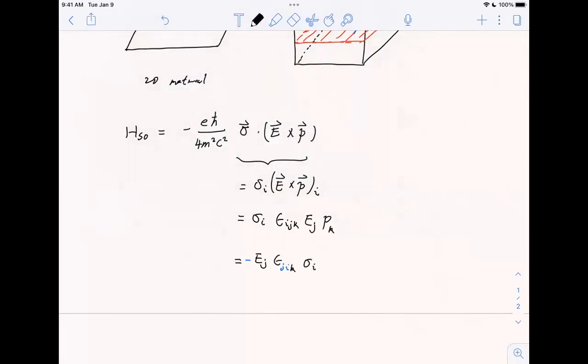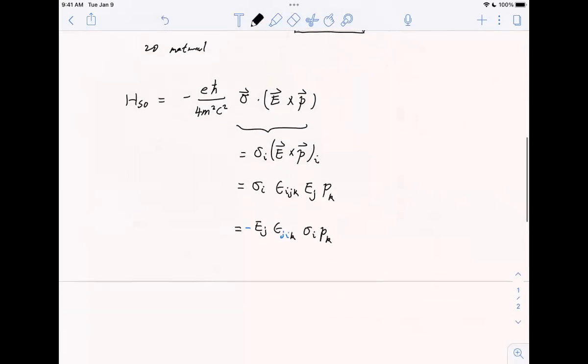And then you move the sigma I inside, and then the K inside. Then here, you can see that this is sigma cross P, J component, and then you have negative EJ, negative E dot sigma cross P. Okay.